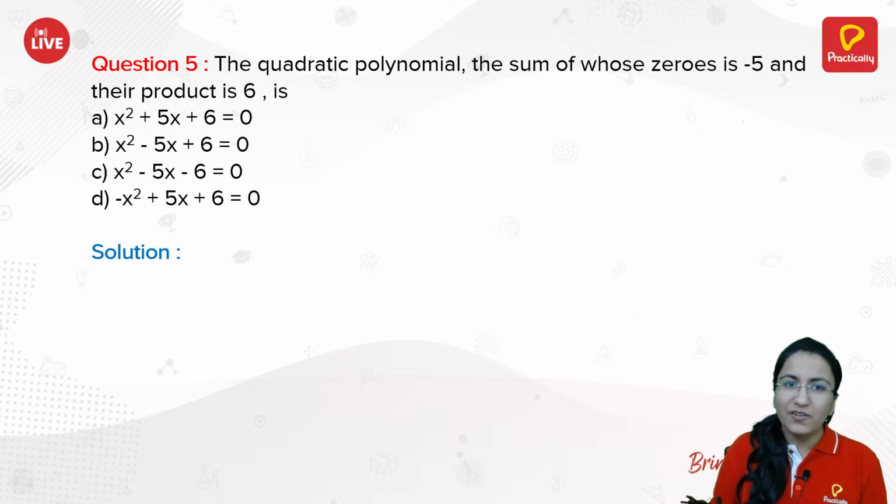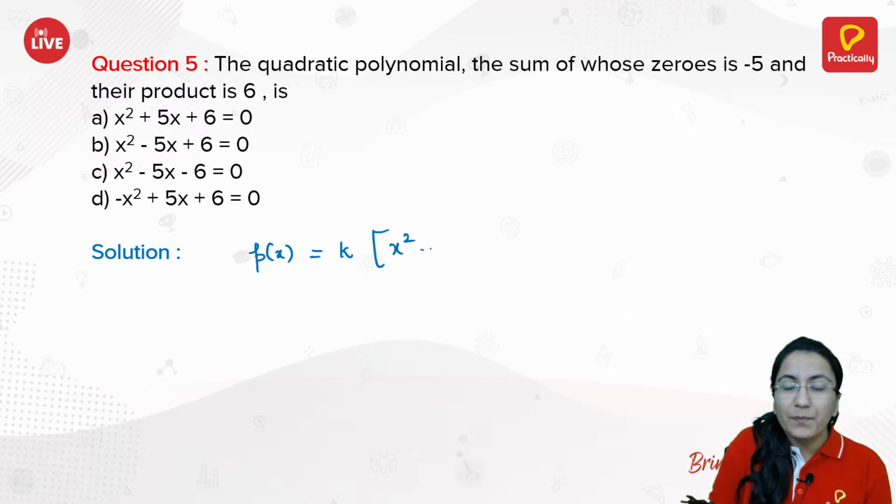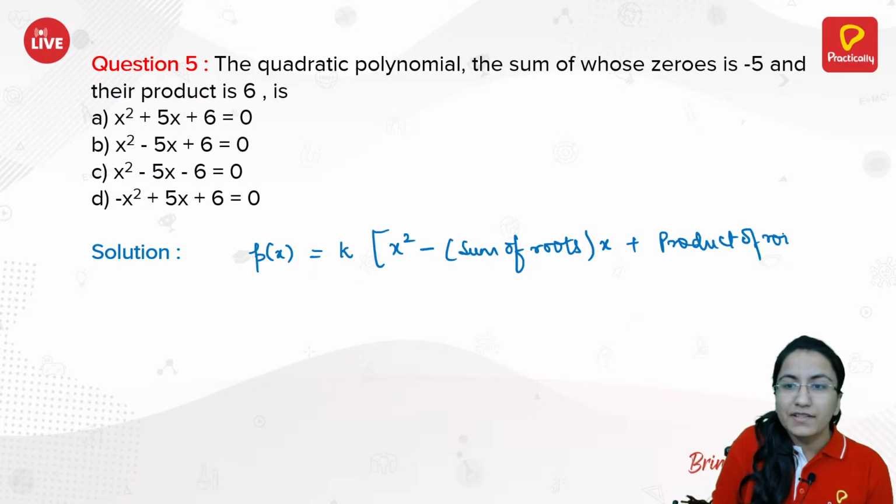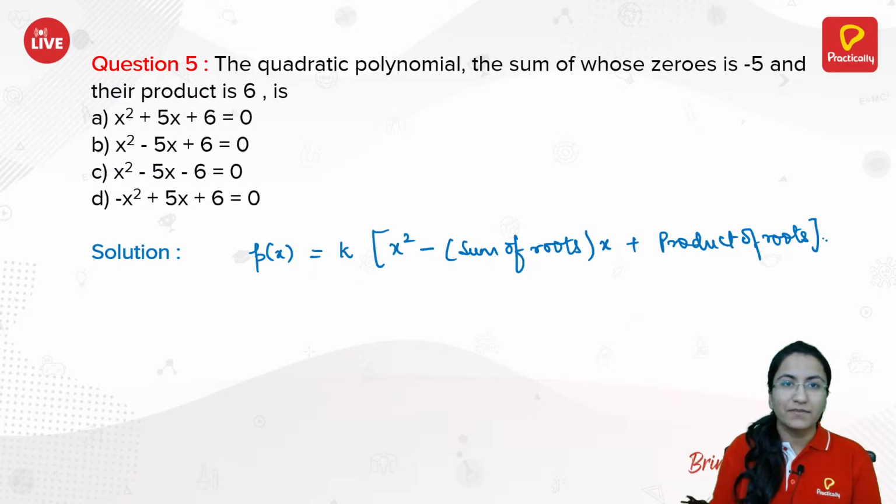If we have such a quadratic polynomial as p of x, it is written as some constant times x square minus the sum of roots into x plus the product of roots, right?